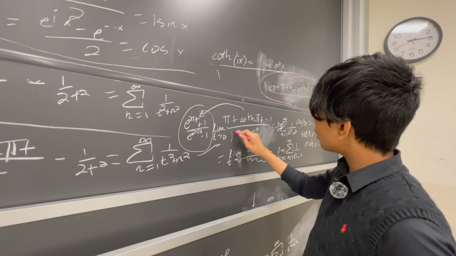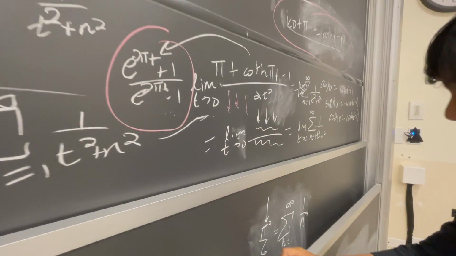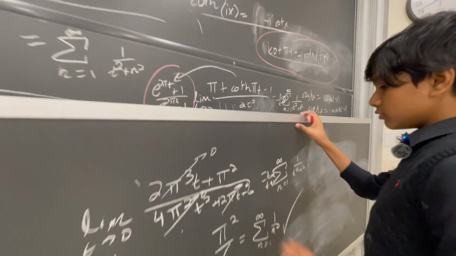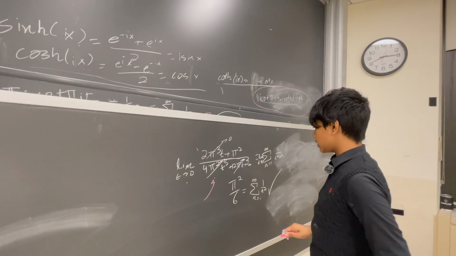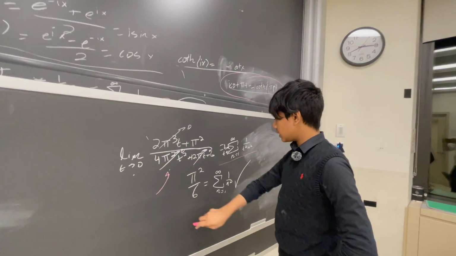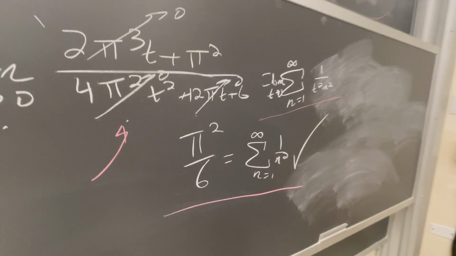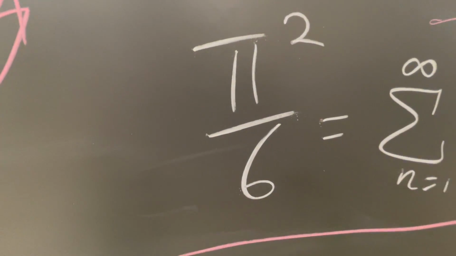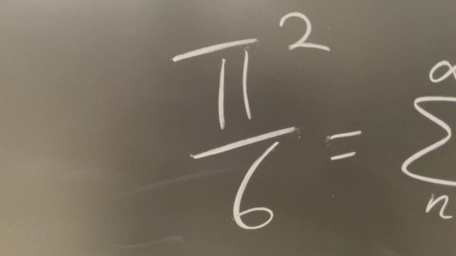Then we just apply it over and over until we get something where we can actually plug and chug, which is what this shows. Then we get this, and we get pi squared over 6 is equal to the sum of all the inverse squares. That's the summary. Thank you for watching.